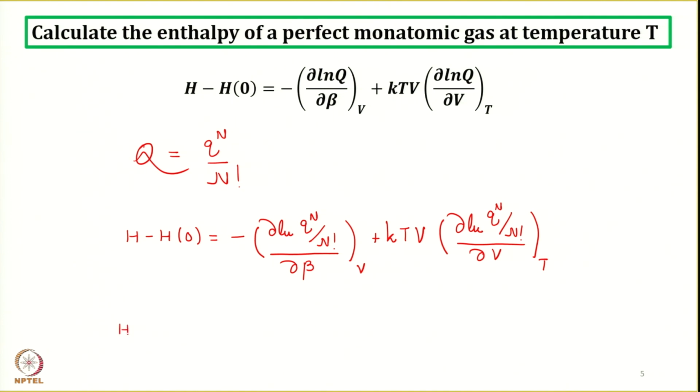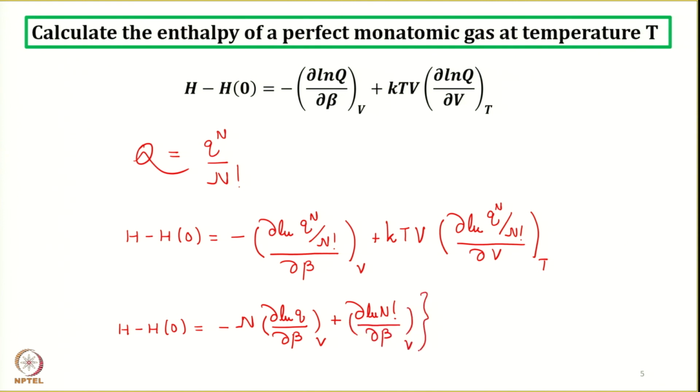Further expand this, H minus H0 is equal to minus n del log q del beta at constant volume plus del log n factorial del beta at constant volume.